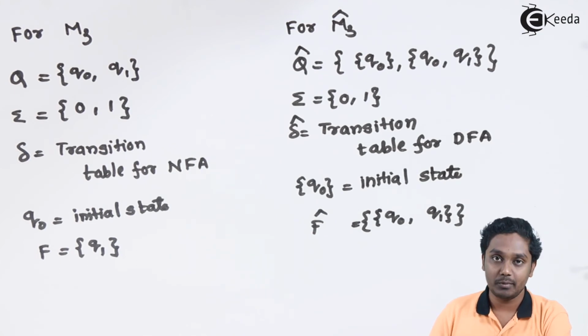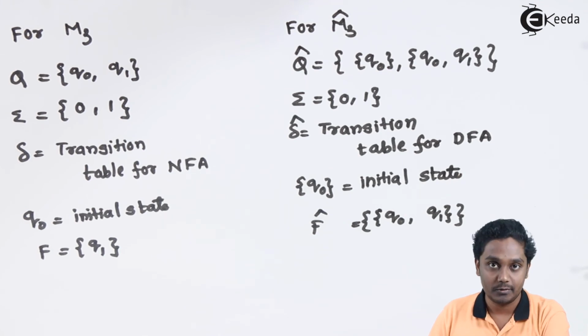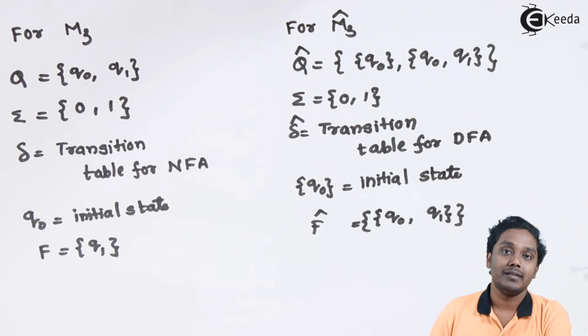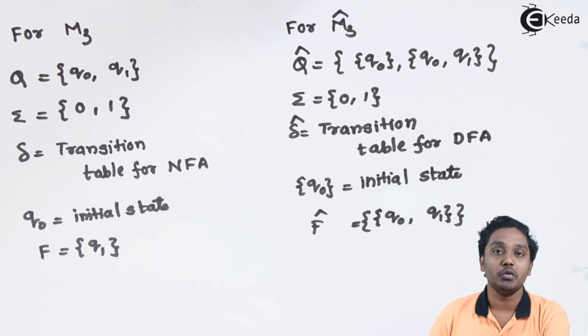Sigma is again the binary alphabet 0 and 1. Delta is the transition function for the DFA. The set containing Q0 is the initial state and the set containing Q0, Q1 is the final state. With this problem, we have completed the construction of DFA from given NFA for easier problems.